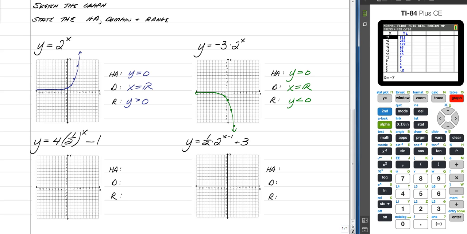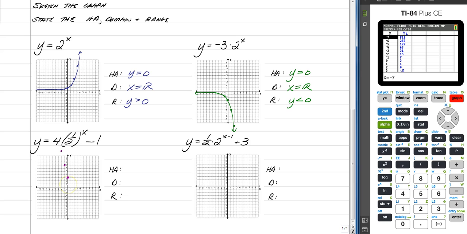So if we look at the graph, negative 2 is going to give us 15, way above the graph. Negative 1 is going to give us a 7. 0 is going to give us 3. Now, if we think about that, remember, it's been multiplied by 4.